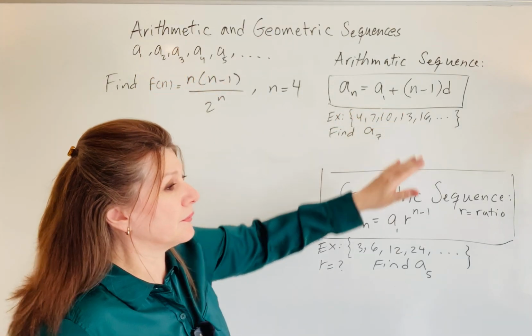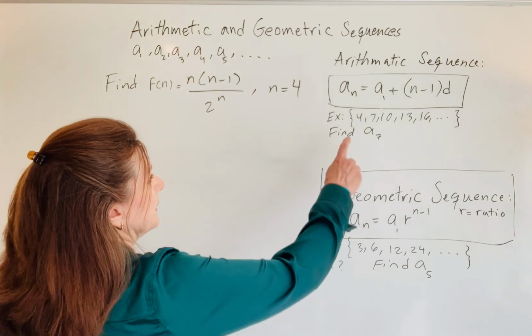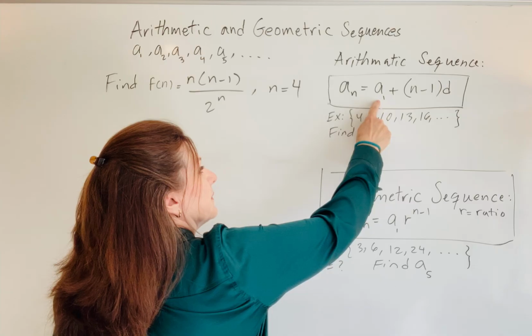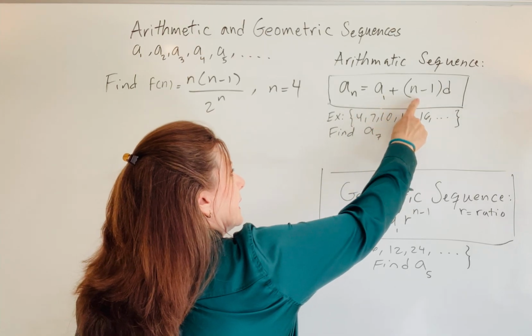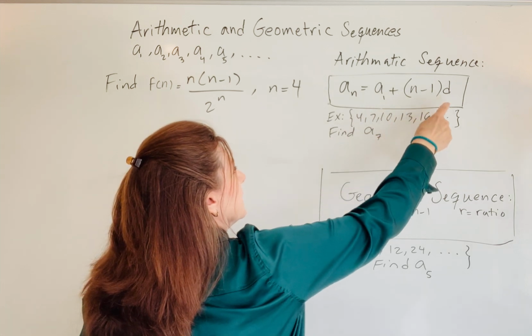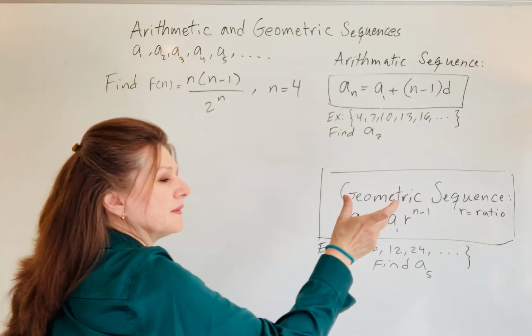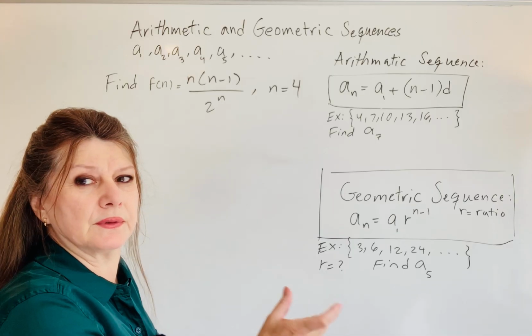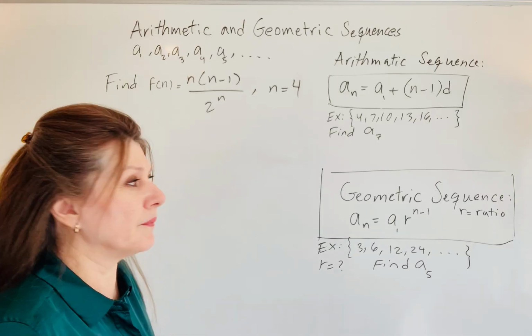This is the formula for everything, because any term is the first one plus the number of the term minus 1 times the difference. The difference is between two consecutive terms.